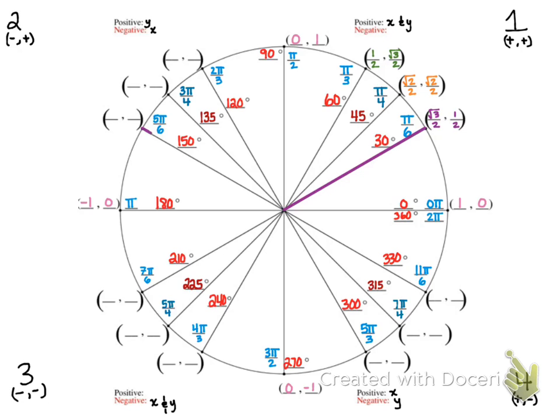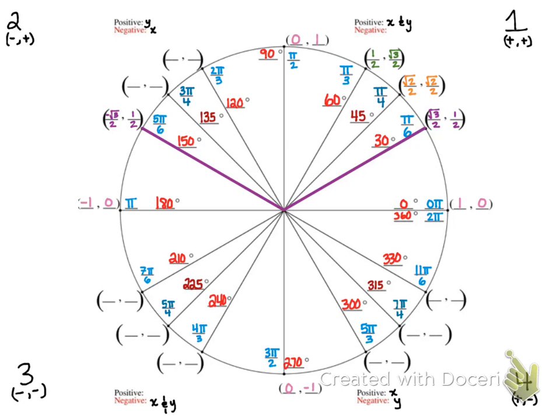So it gets reflected all the way over here. So what that means then is, if I know that in quadrant 2 I have a negative, positive point value, then I'm going to take the same exact value of pi over 6, except I just change the sign. So over here, I just have negative root 3 over 2 and positive 1/2.